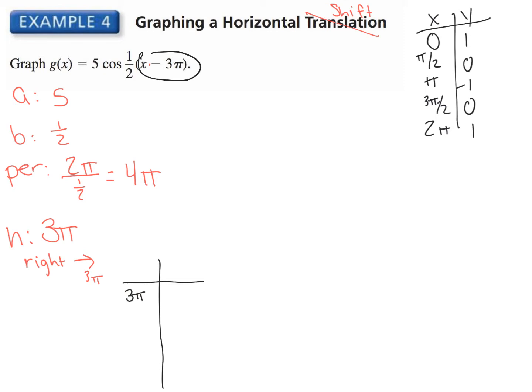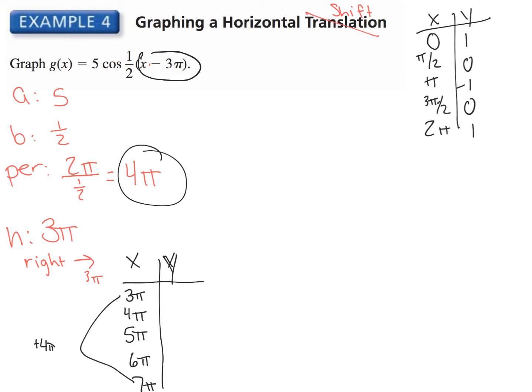And then our last point isn't 2 pi added to that, and it's not just 2 pi. If you see, our period is 4 pi long, so that means we need to add 4 pi, and we're going to end at 7 pi, which means that we've got a 5 pi in the middle, 4 pi, and then 6 pi. And those are some nice numbers that we're actually working with.